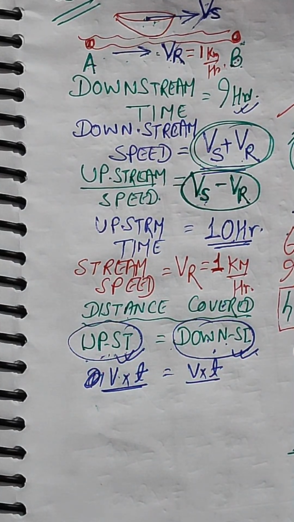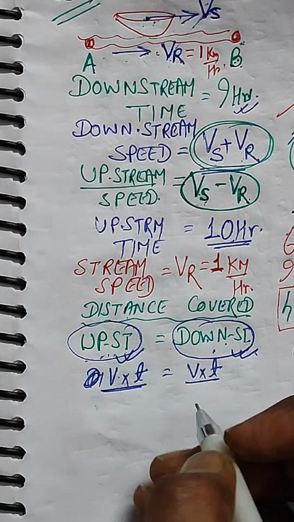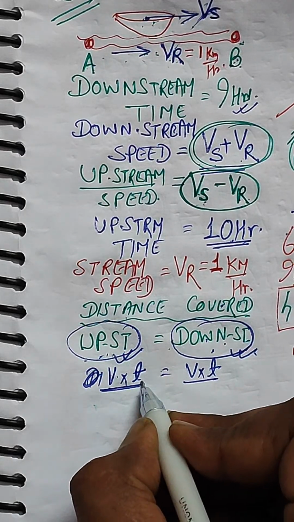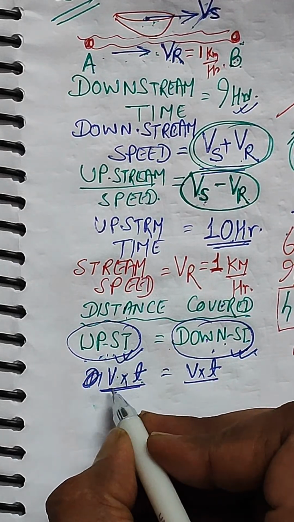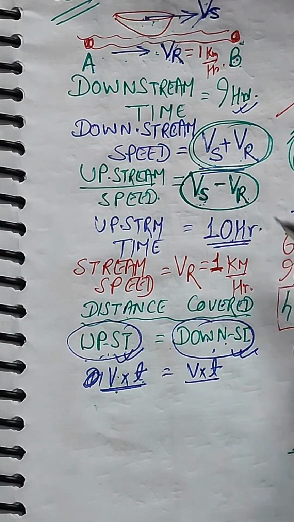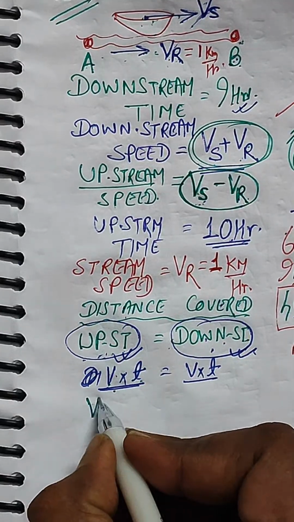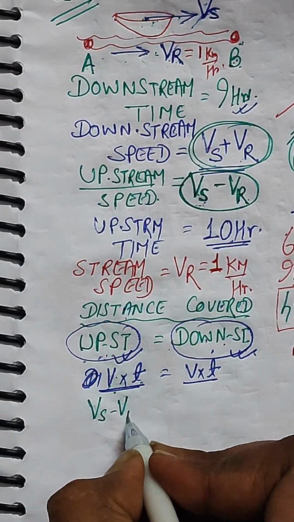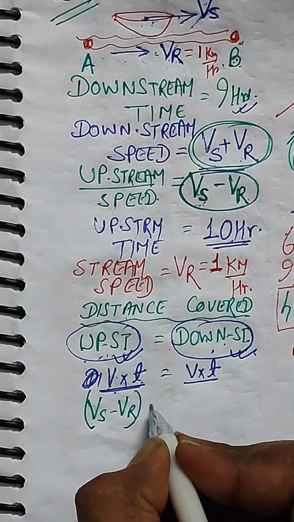What was the velocity upstream? That was Vs minus Vr. So just write the formula over here, Vs minus Vr, multiplied with time.